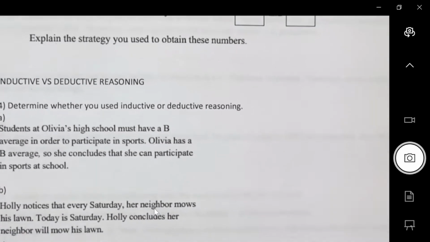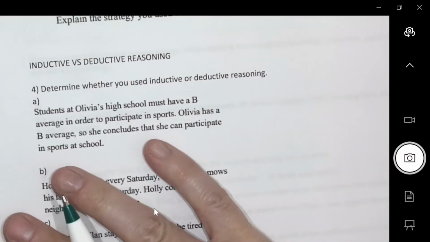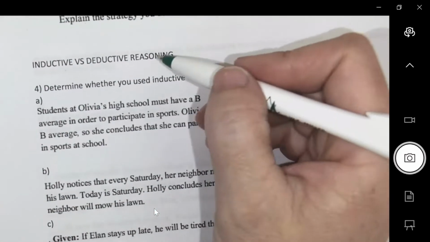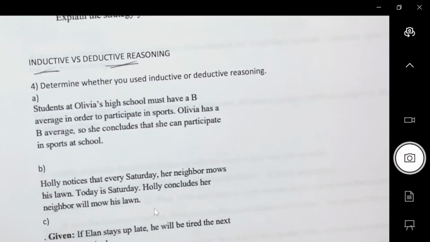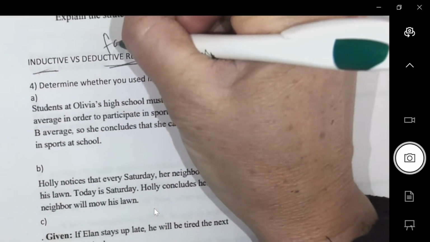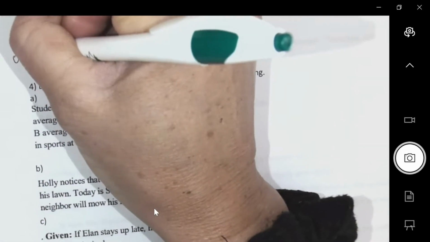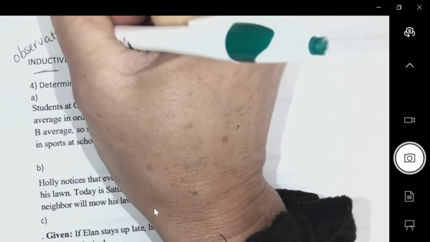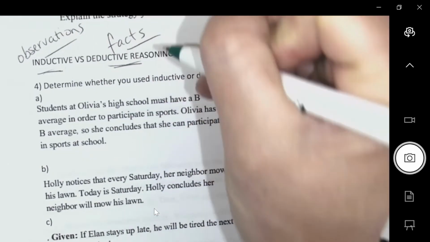Okay, on your exam, you need to understand the difference between inductive and deductive reasoning. Do you remember those words? So maybe this is the best way to kind of think about it.